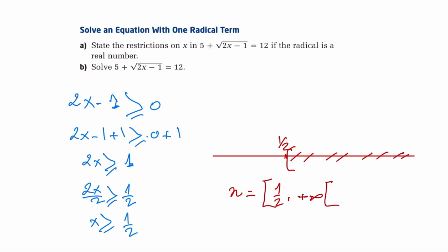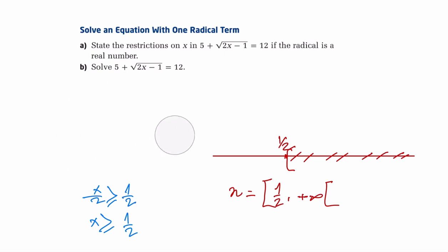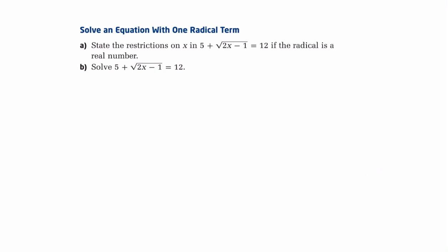For the second example, which is asking us to solve for x, the first thing you need to do, 5 plus square root of 2x minus 1 is equal to 12, which means that we need to put minus 5 here and minus 5 to the other side.